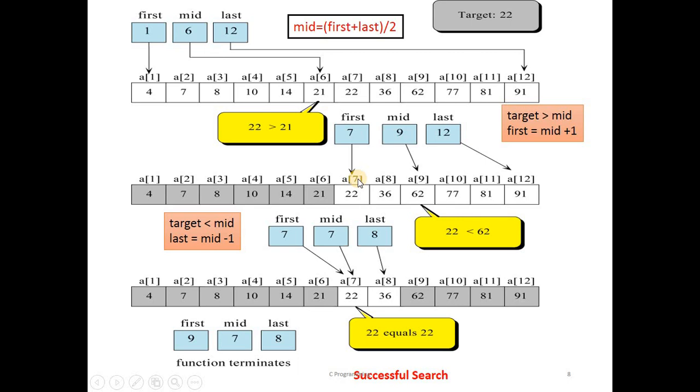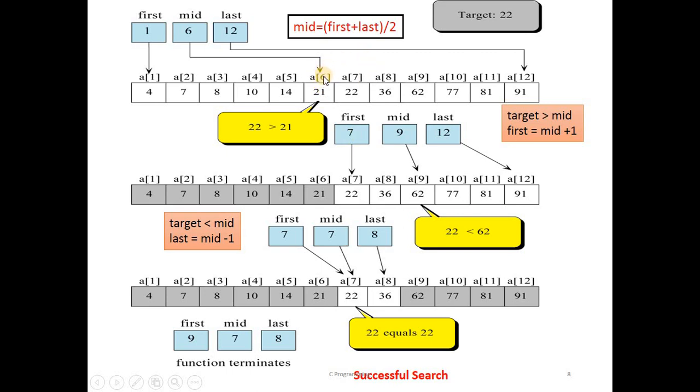So what to do? First of all, we have to reset the first value. Initially the first value was 1, but now it becomes 7. Just write down first equal to mid plus 1.